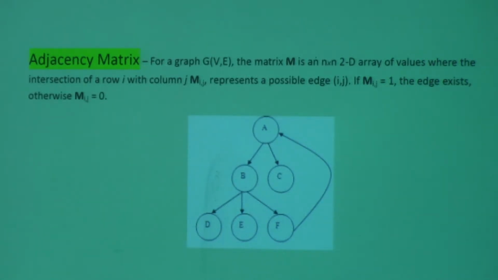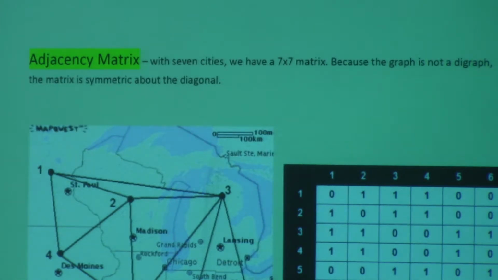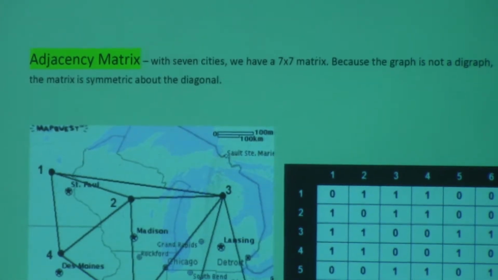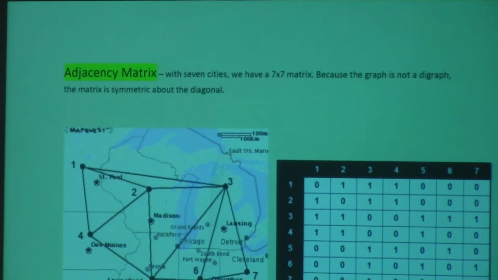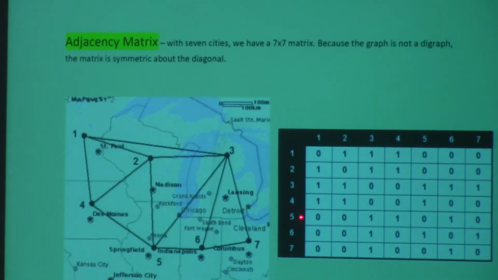So sometimes there's an edge, sometimes there's not. If you look over here, you can see there's a graph here, and we corresponded it to the adjacency matrix. And so, for example, you can see here that's 5 to 3.